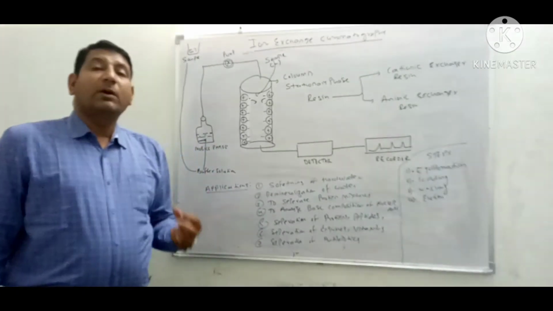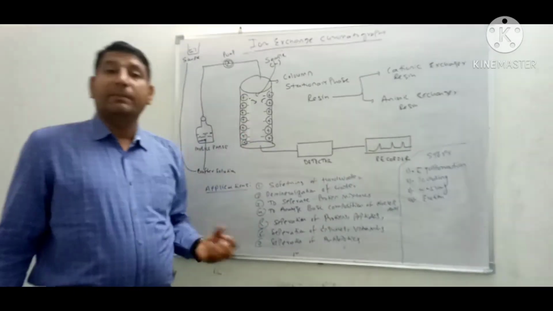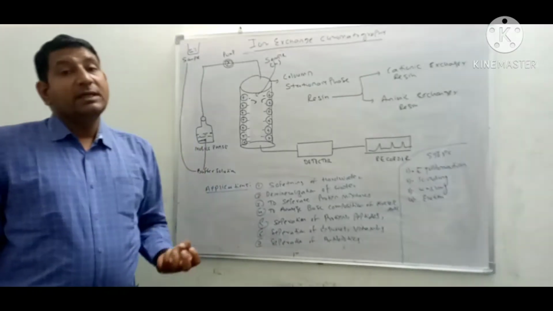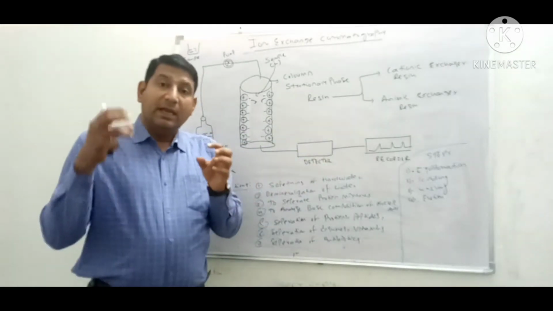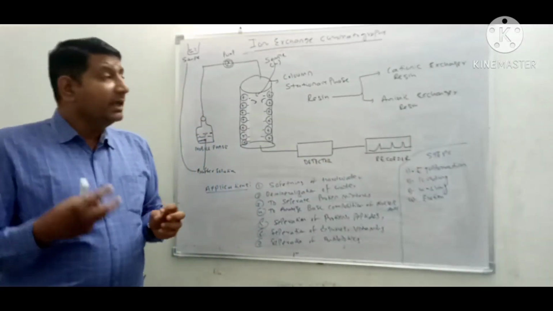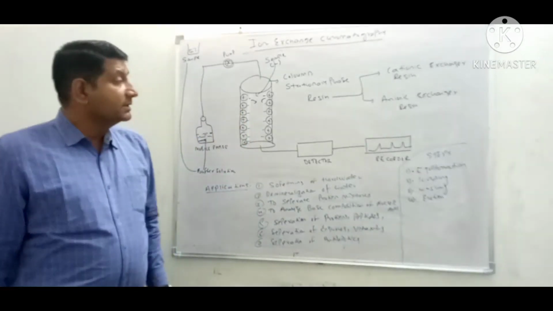This depends upon the type of substance to be separated. For example, if we are going to separate proteins, which are negatively charged, we have to use an anion exchange resin, because the anions are displaced by the proteins and the proteins are fixed to the positive charge.